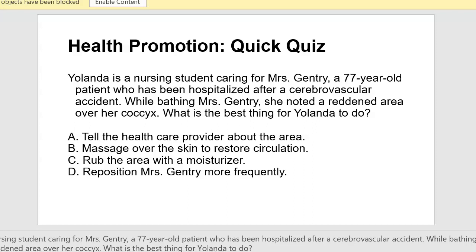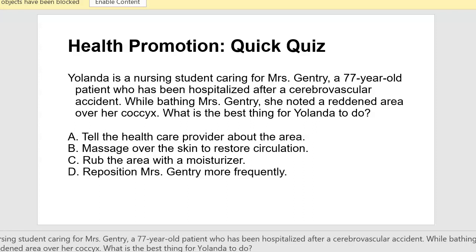One thing we need to do is make sure that we are performing frequent skin assessment. So if we have a patient in the hospital, that skin assessment is done daily, if not every shift, paying special attention to bony prominences.